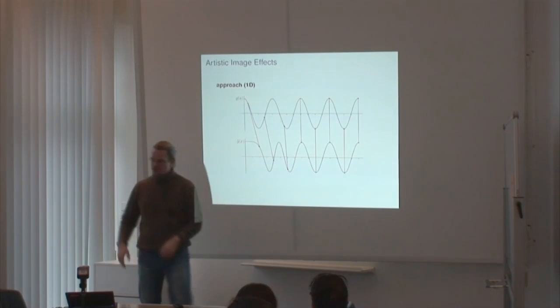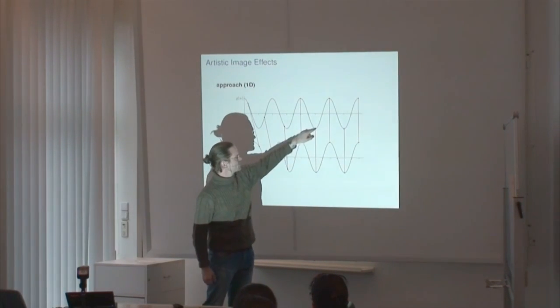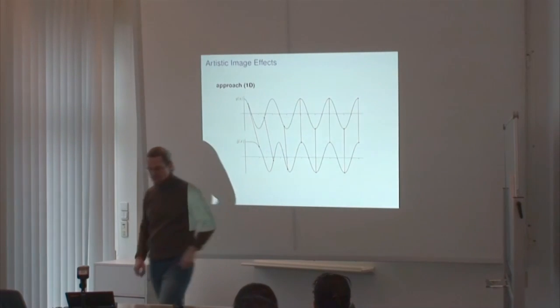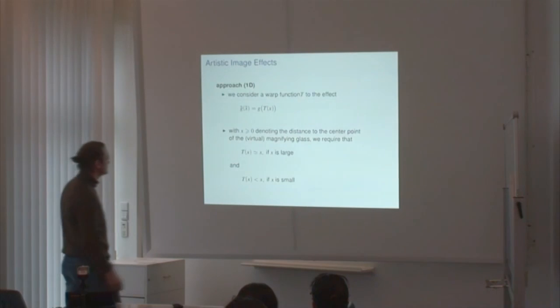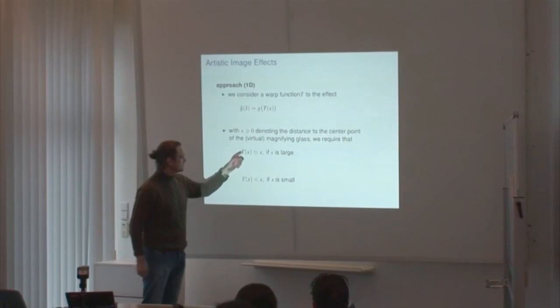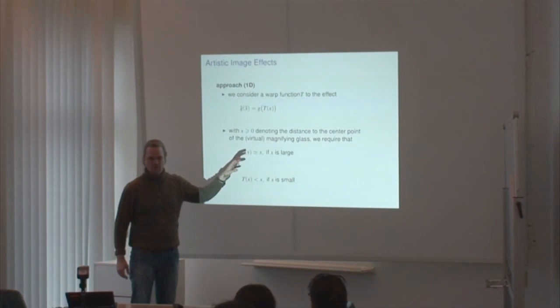If x is large, nothing should happen. You see that this function value was read from exactly the corresponding function value there. So if this x is large, then the transformation should basically do hardly anything at all.